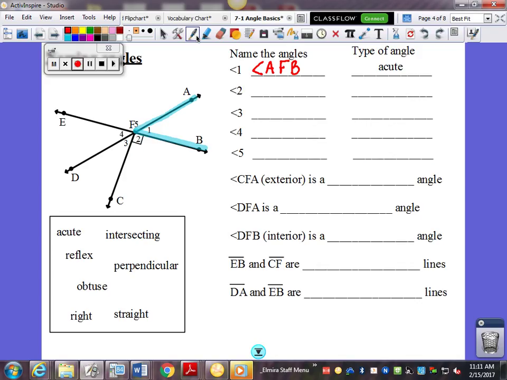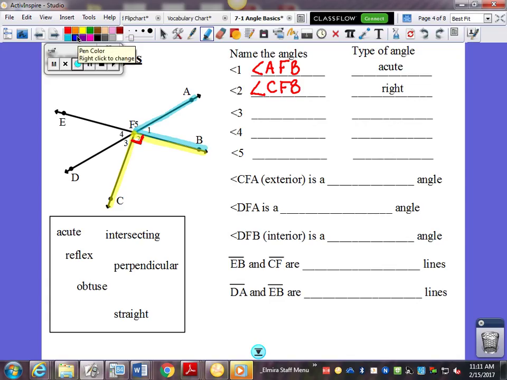Angle 2, we're talking about this angle right here, and I see a square in the corner, so that tells me something special. We're going to call this angle CFB. You could also say BFC, doesn't matter. And what kind of angle is this? It is a right angle.